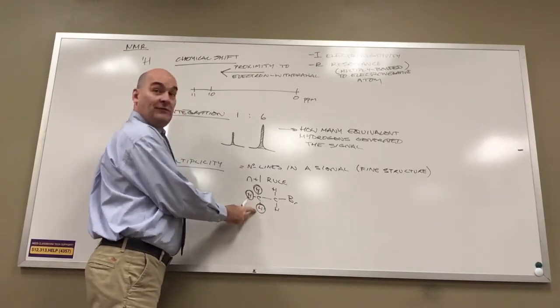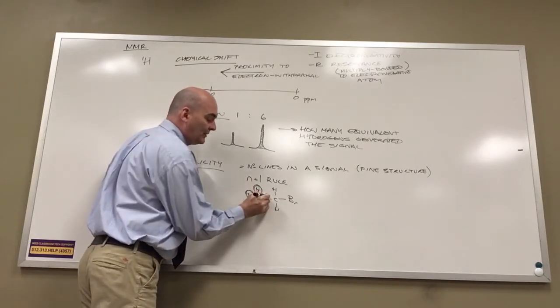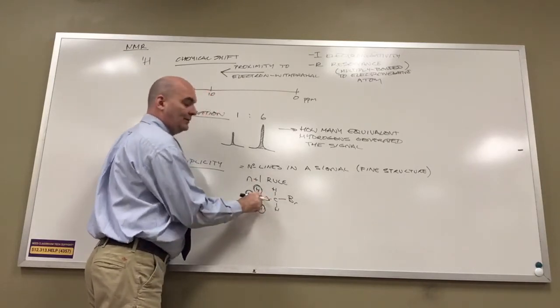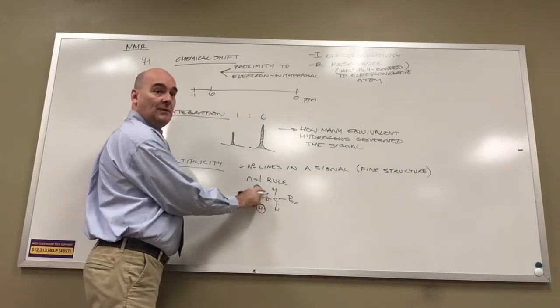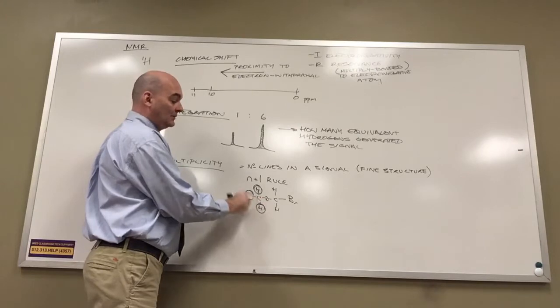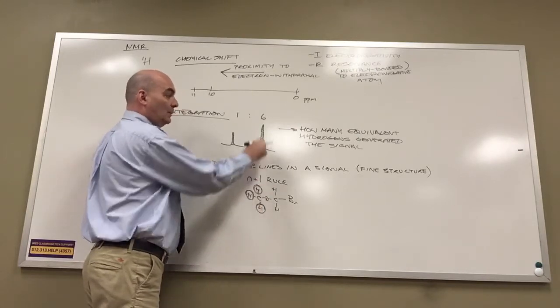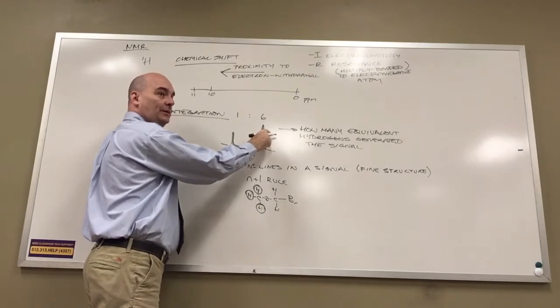There is no difference between that one and that one and that one, because this bond is allowed rotation, conformational rotation of 360 degrees. So all 3 of those hydrogens are the same as each other, which means this part of the information.